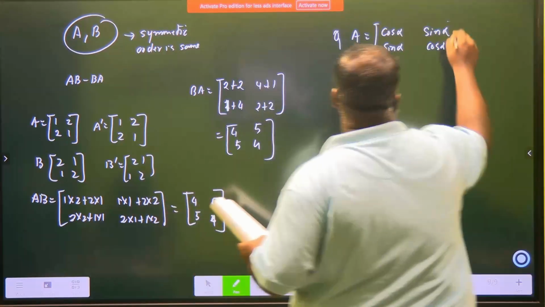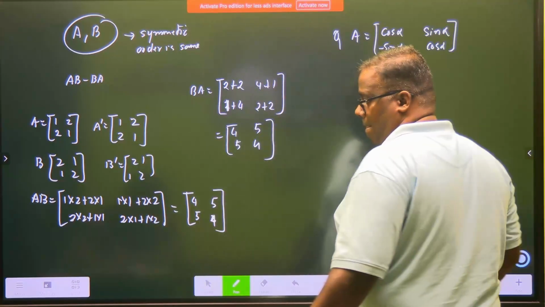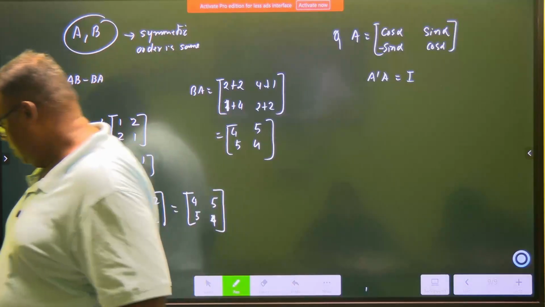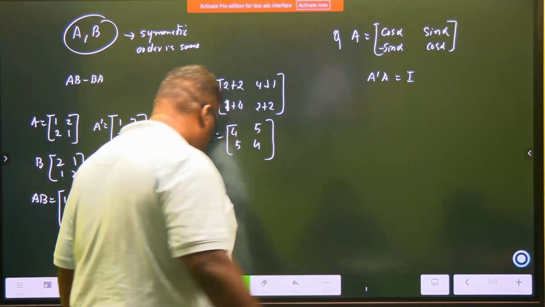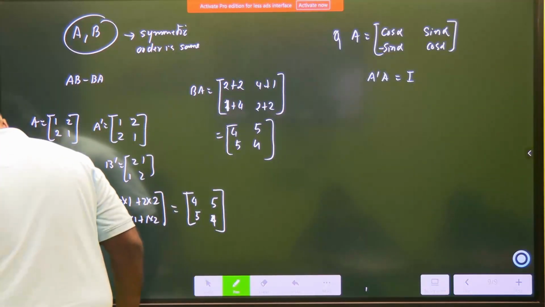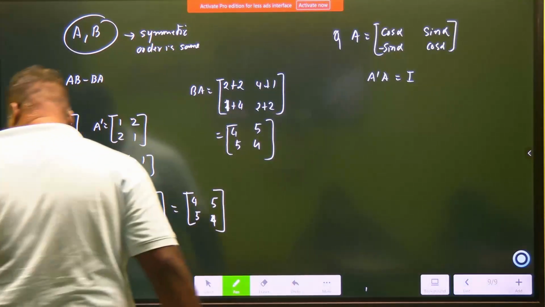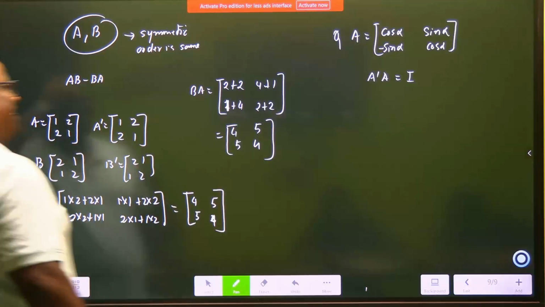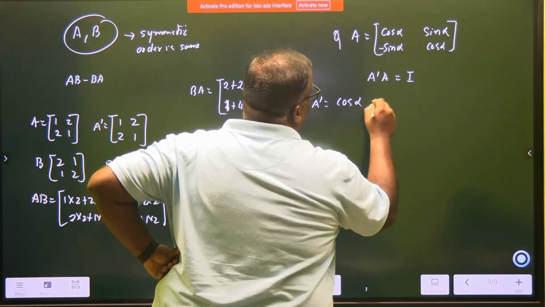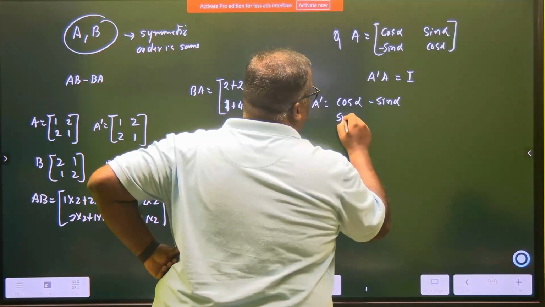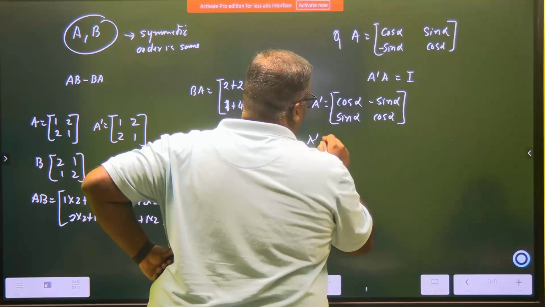This is my matrix A. You need to show that A complement A is equal to I. First of all, find out what A complement is. A complement would be cos alpha, minus sin alpha, sin alpha, cos alpha.